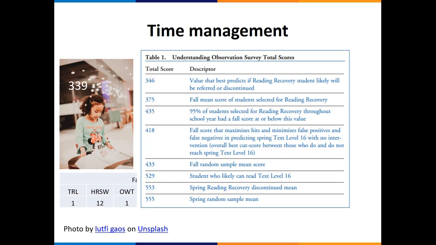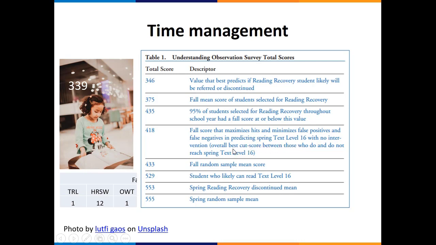What I'm telling you is that you can use this to help identify children that might need more of your attention and more of your time. Whereas if you're dealing with a student that's around, say, a 418, remember, a 418 in the fall tells us that they actually have a better chance of getting to 16 on their own with no intervention.